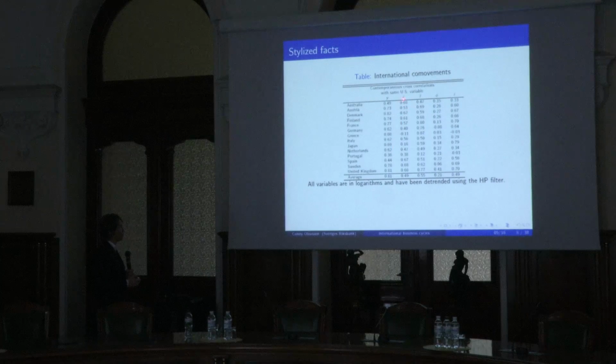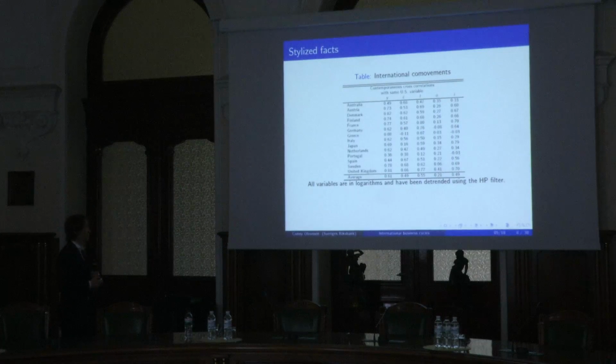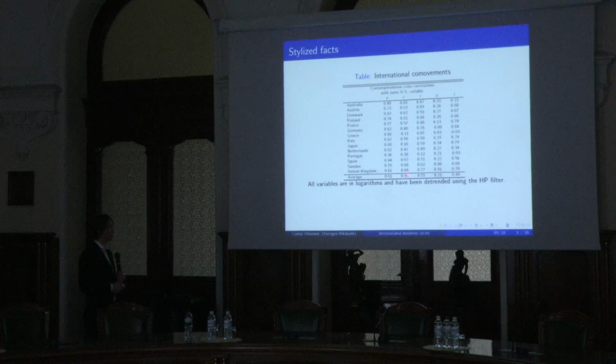The next column shows the cross-country correlation for consumption. The puzzle is that the correlation for output tends to be higher than that for consumption. That's not true for the first entry, but if you look at the other entries, you will find that it's true. The average is clearly below that for output. So this correlation coefficient is lower than that.